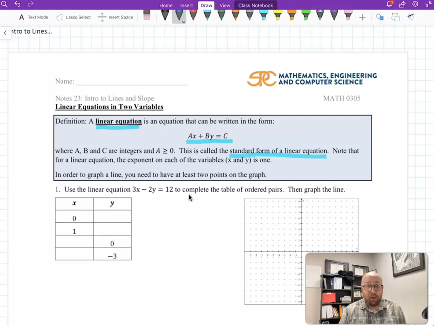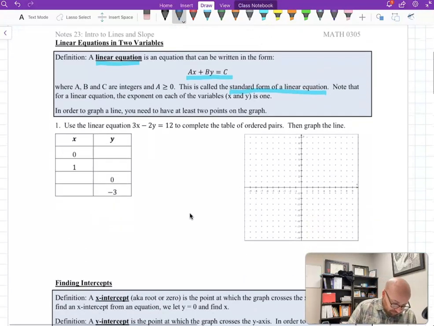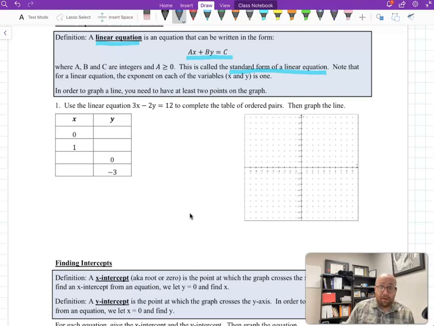I think it would be a good opportunity for you to pause the video, do the work for this, go ahead and graph that line, and then unpause, and I'll do the same work, and let's see if we are arriving at the same solution. Okay, now that you're back, here we go. If you've already done this, I'm just going to be going through this at my own speed.